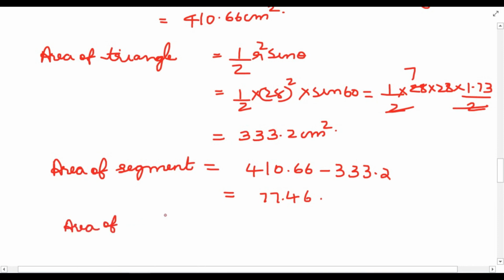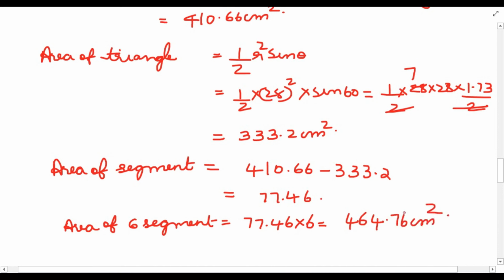We have 6 designs like that. So area of 6 designs will be 6 segments, multiply this answer with 6. So we have 464.76 centimeter square.